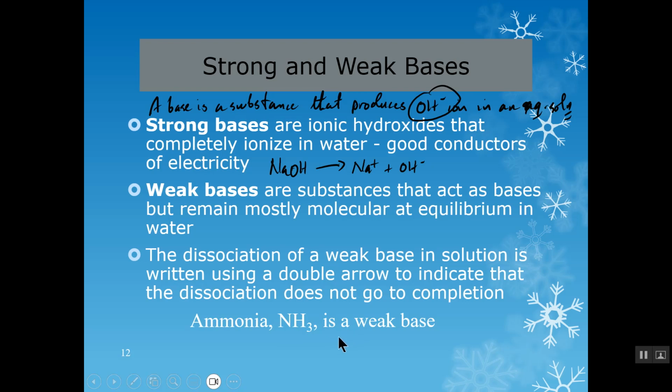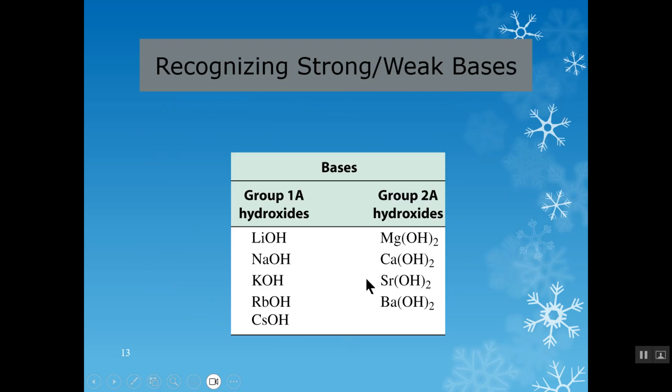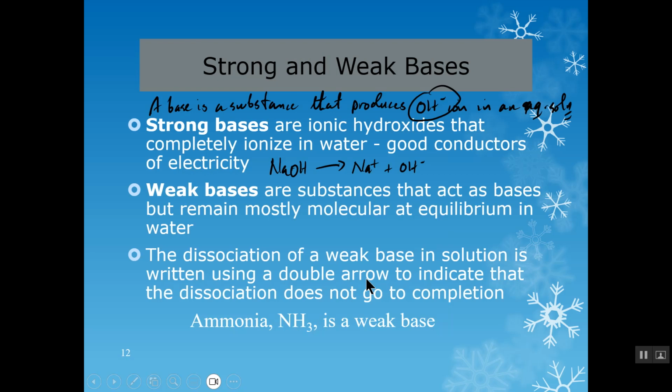Now, the way ammonia behaves like a weak base, let me squeeze that down here, is that when you add ammonia to water, this is what happens. It forms NH4 plus aqueous plus OH minus aqueous.